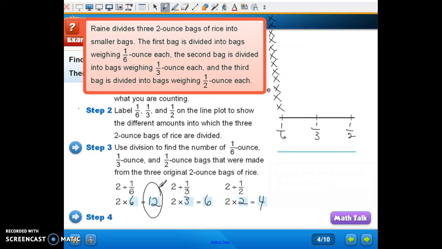Now the second bag we divided into thirds, and so we need 6 of those bags. And the last bag we divided into 1/2 ounces, and so we need 4 of those. So now we've plotted all that. Does anybody have any questions about how we got those X's? The number of X's.